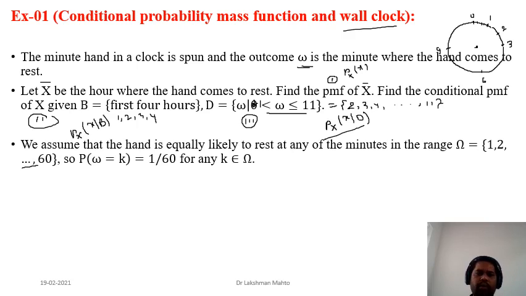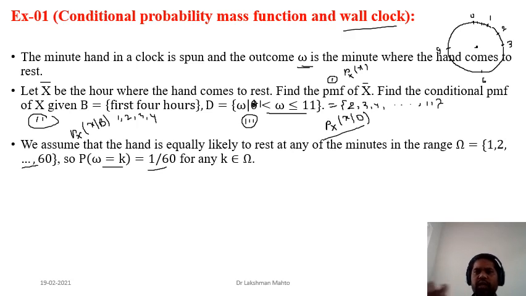So the probability that omega takes the value k, that is, one particular minute, a particular 1 minute, 2 minute, or 15 minute, any single minute, would be 1 by 60, because that minute hand can stop anywhere within 60 minutes.